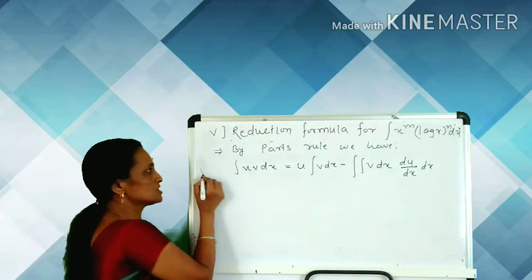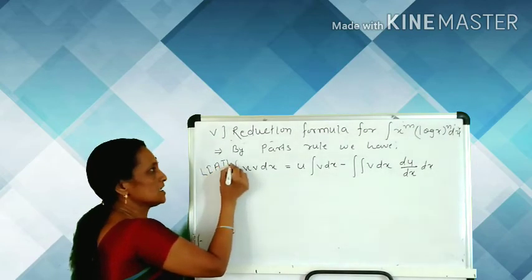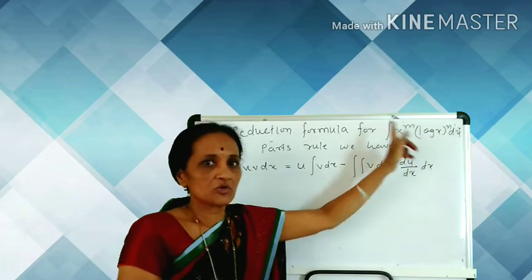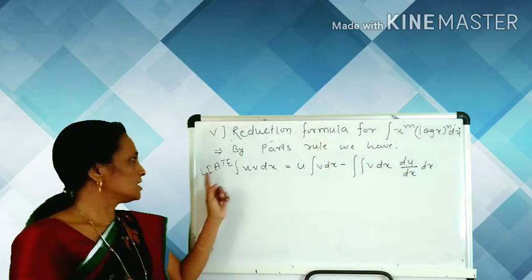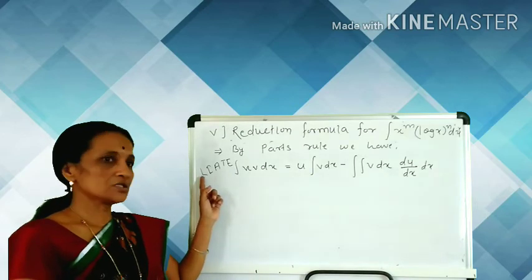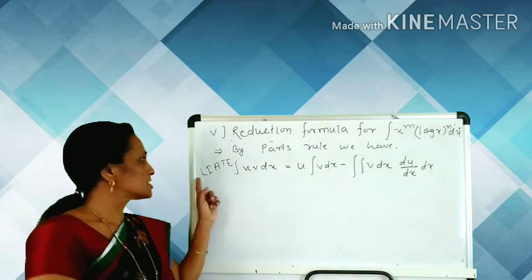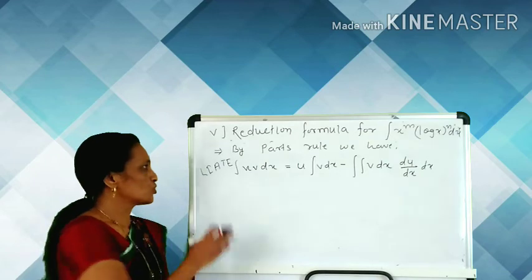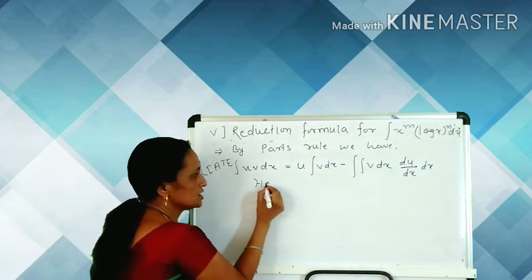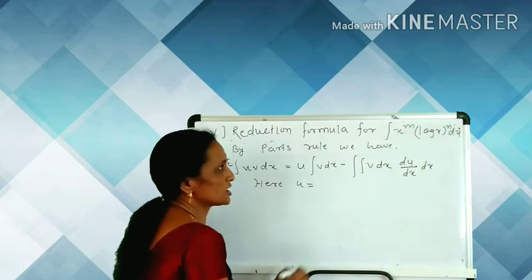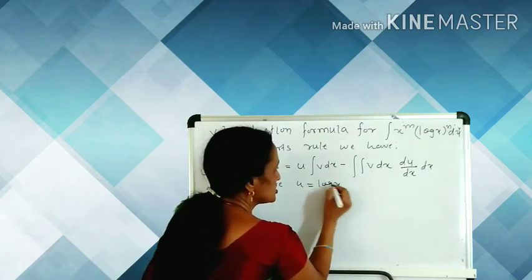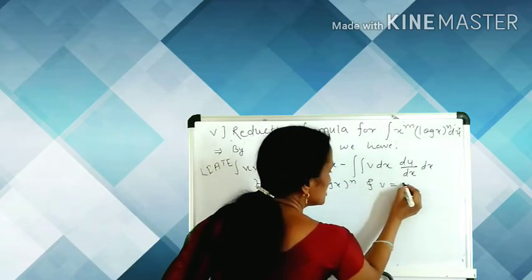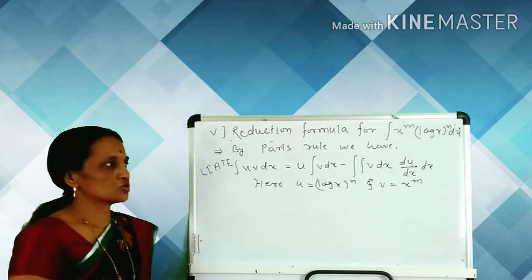Using the rule LIATE, the letter L comes before A, so our first function is the logarithmic function, log x raised to the n, and v, the second function, is x raised to the m.